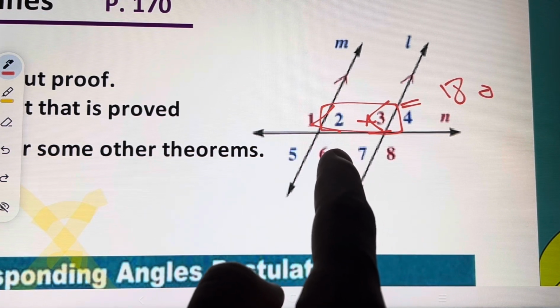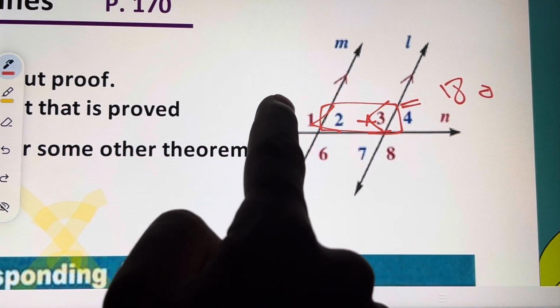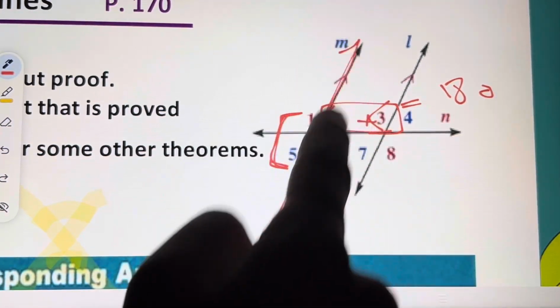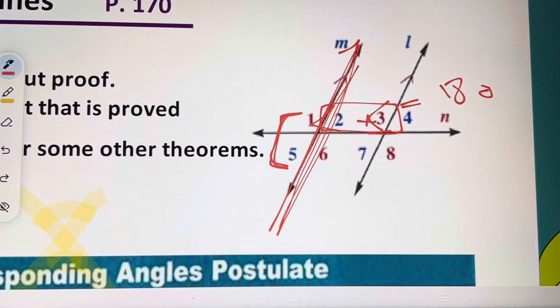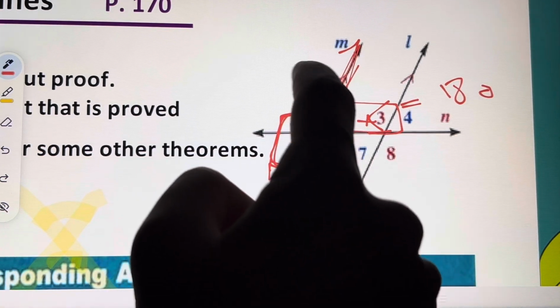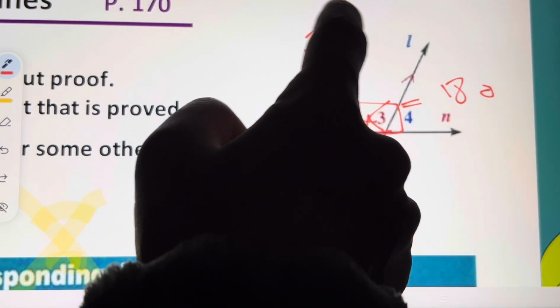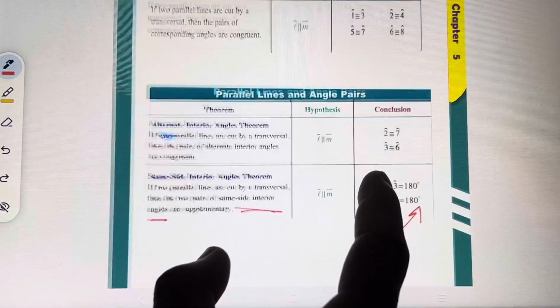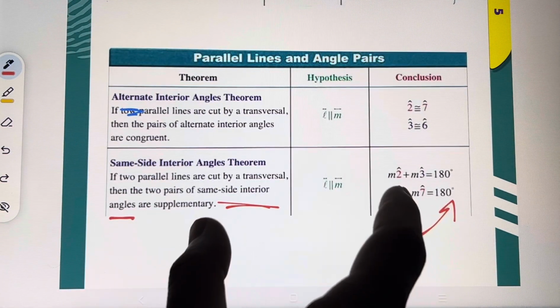And here the same thing is true for angle 5 and angle 1. Exactly, they're on the same line. There's no angle between them. It's only angle 1 and angle 5. So I'm going to say angle 5 plus angle 1 will give me 180. By what theorem can I say this? By the same side interior angles theorem.